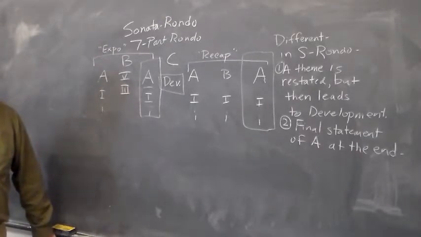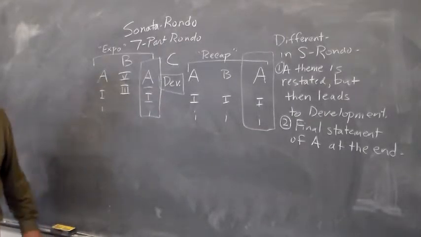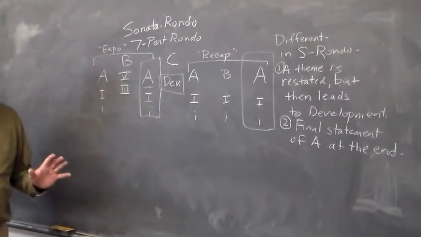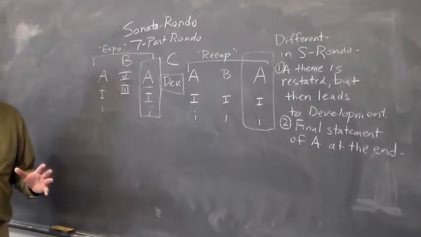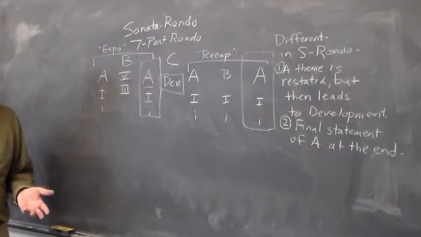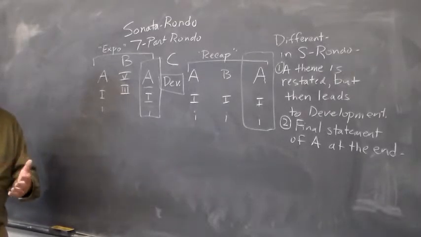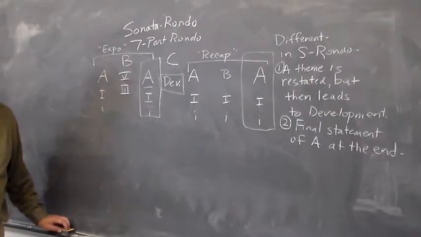You don't really get a clear idea of what key it's in until a little bit later. And the orchestra states this A theme, which is the rondo theme, and then the piano restates it, and it's embellished. And then you have this dialogue back and forth, and then it leads to a transition section.